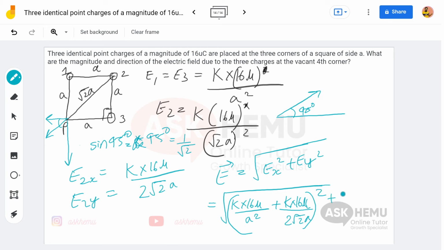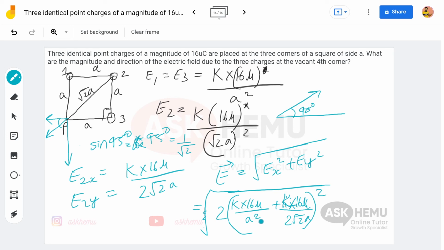So this is simply the same equation repeated, so I can simplify it and express it with a 2 under the square root, because I'm adding two terms that are exactly the same. I now only have to simplify whatever is inside, which is k multiplied by 16 microcoulomb by 2 root 2 a squared.